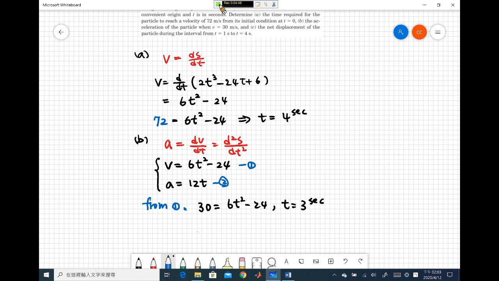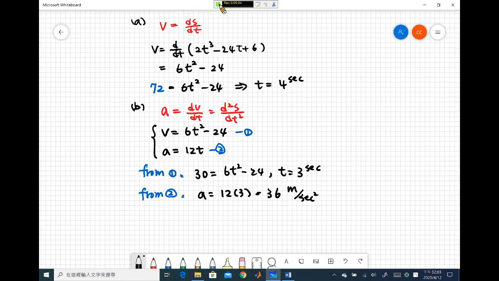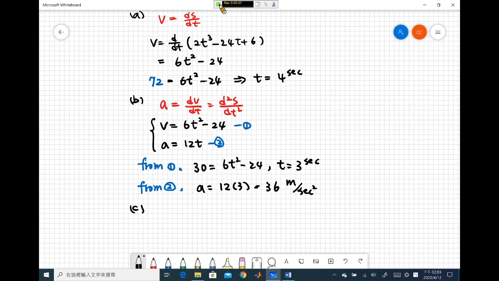Then you can move on to the second equation, and you plug in the time. So you know the acceleration is 36 meters per second squared. Next, it's asking about the net displacement.